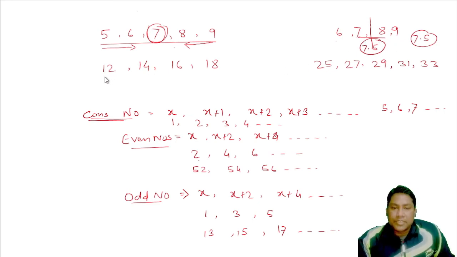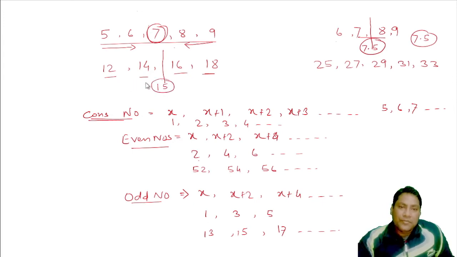If you see here, these are consecutive even numbers. The middle number between 14 and 16, with 14 and 16 in the middle, is 15. So 15 will be the average of 12, 14, 16 and 18.